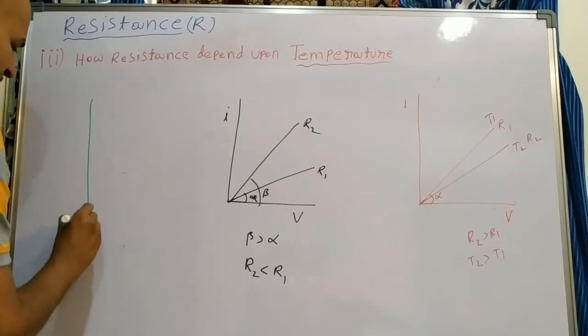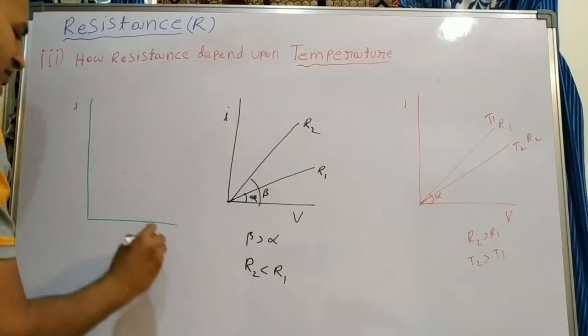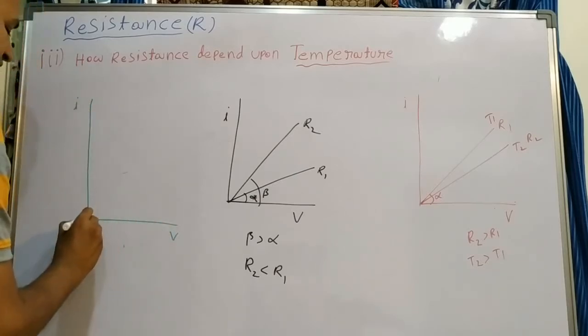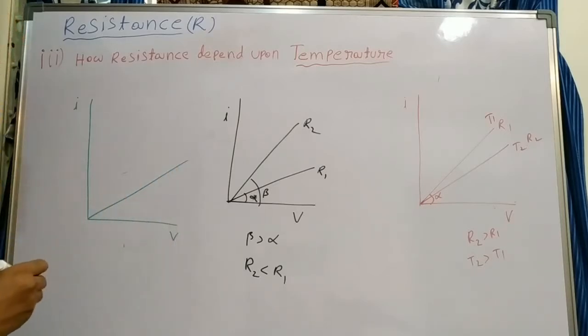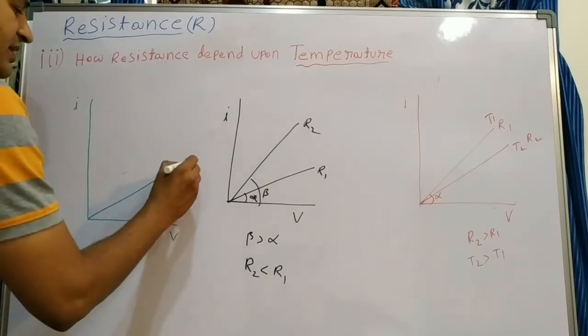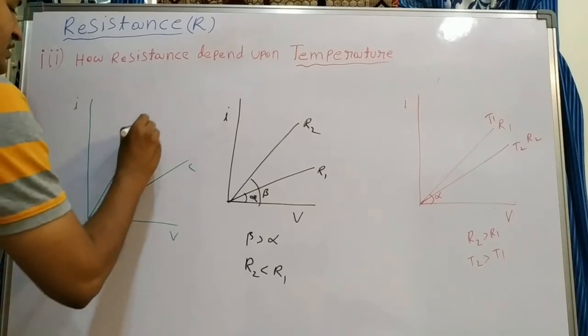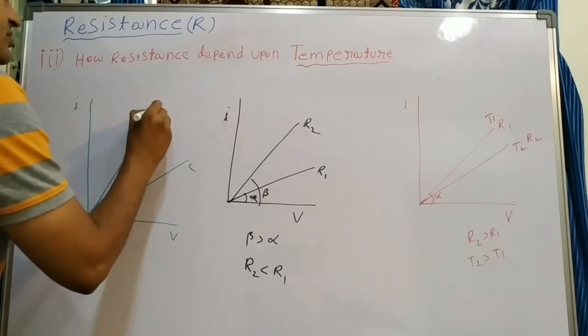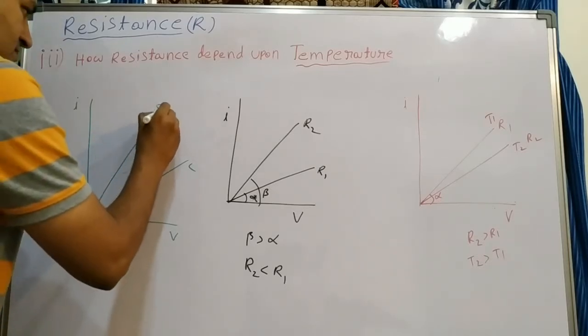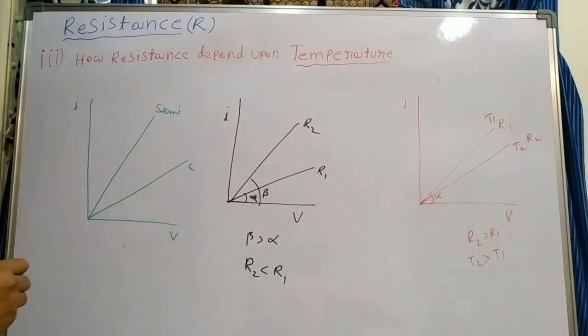Another example, suppose they gave a graph like this, IV characteristics, one graph for a conductor and another graph for a semiconductor. On increasing temperature, what happened to the slopes of the graphs?